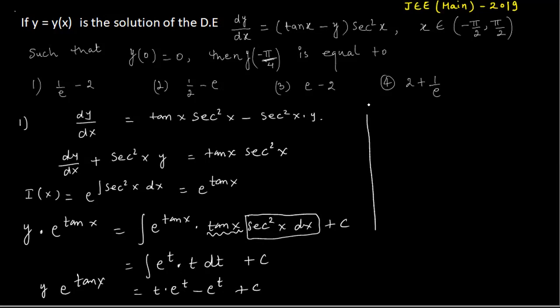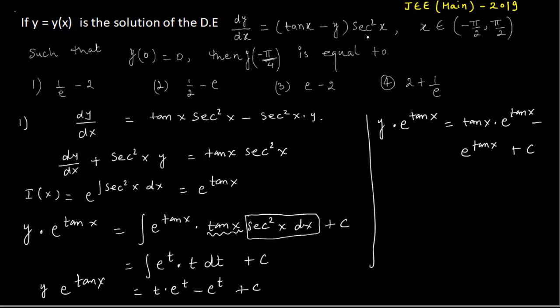Now, y into e raised to the power tan x equals, in place of t, put tan x, so it becomes tan x into e raised to the power tan x minus e raised to the power tan x plus c.